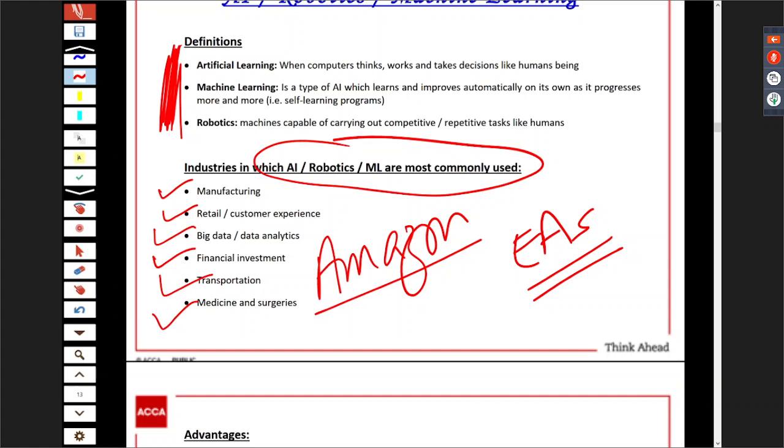Everything is automated. There are cameras, there are signals. Everything is controlled. They have an app. Whatever you pick from the shelf and put in your basket will be immediately recorded by the AI systems. The moment you step out of the store, they will automatically charge your card, and that's it.